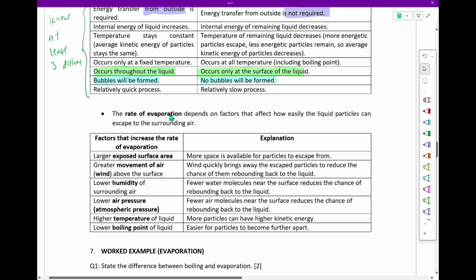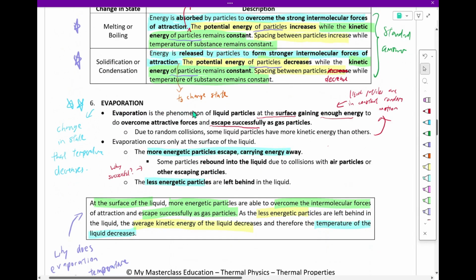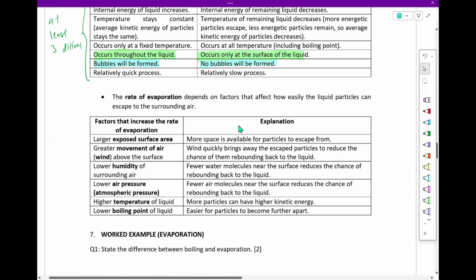And your rate of evaporation, if you remember, number one, I must be at the surface, I need to have enough energy, and I need to escape successfully. If you notice, let me just write down, this is talking about the surface, this is talking about the escape being successful, this is talking about the energy needed.